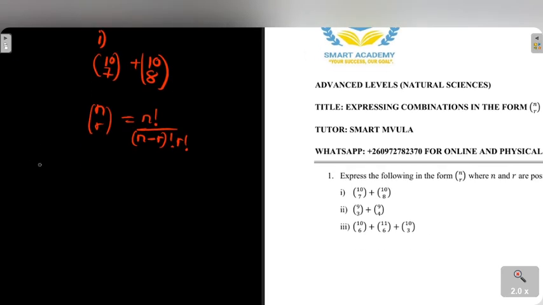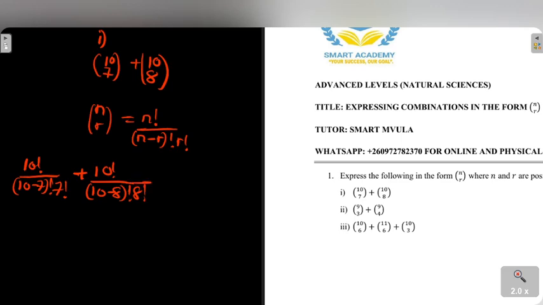Applying the same formula, we have 10 factorial as n, that will be 10 minus 7, factorial 7 factorial, plus 10 factorial over 10 minus 8, then factorial 8 factorial.